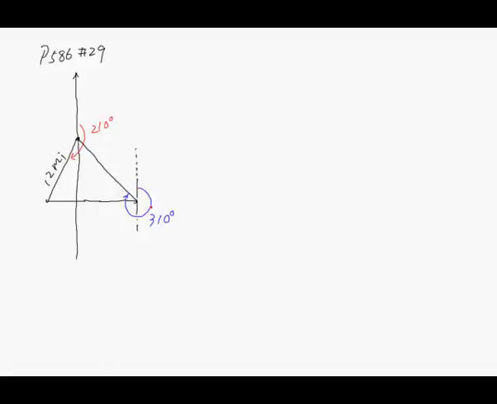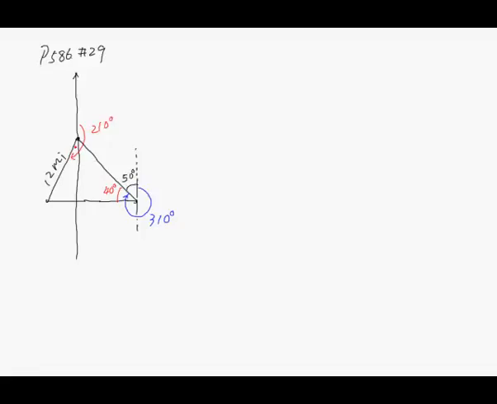Now tell me what is the degree measure of this angle? 50, right? 360 degrees minus 310, you have 50 degrees. And then what is the degree measure of this angle? 90 minus 50, right? Because this is a right angle. So you have 40 degrees.